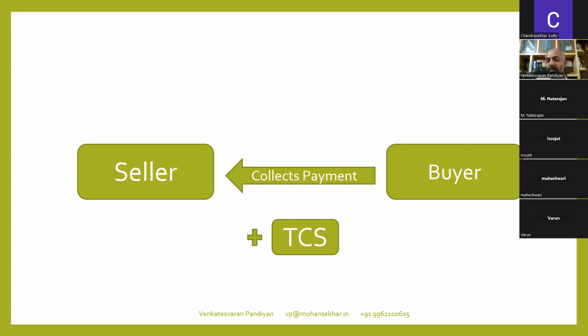This gives the department an idea that this person is capable of earning so much money, and that's how he has purchased the car, and they can go behind that buyer and ensure that he files the income tax. This objective is not explicitly defined in the income tax law, but that's the motive of the TDS and TCS provisions as well.